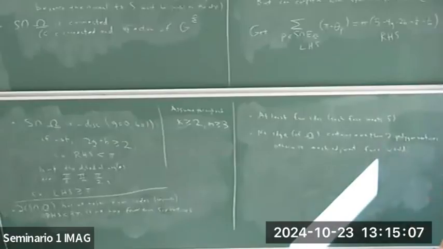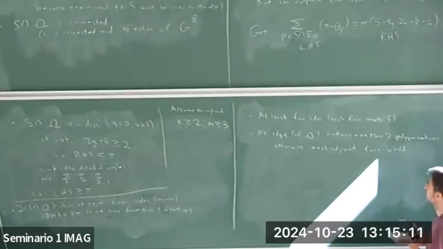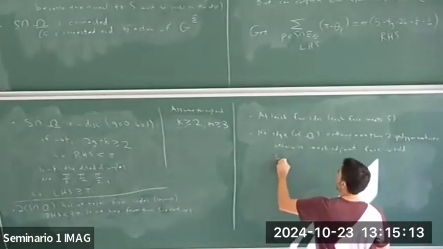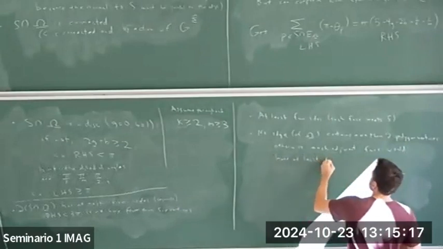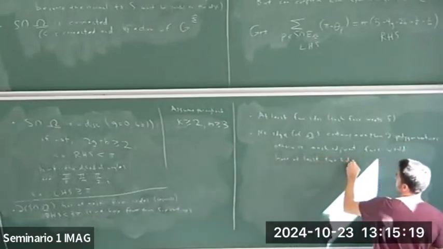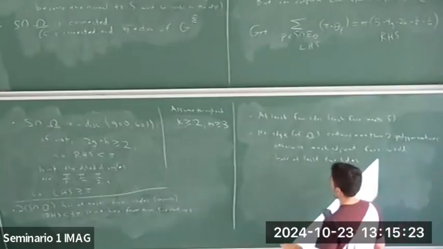Otherwise, I would have 2 adjacent faces, and both of them would have to have at least 2 sides. If the other faces have at least 1 side, then the max number of sides is 5.